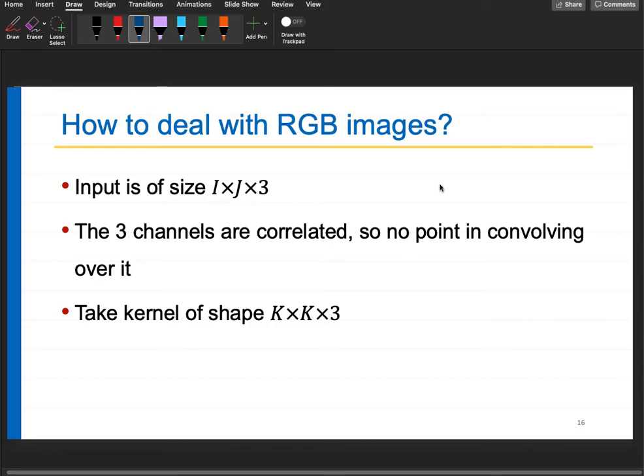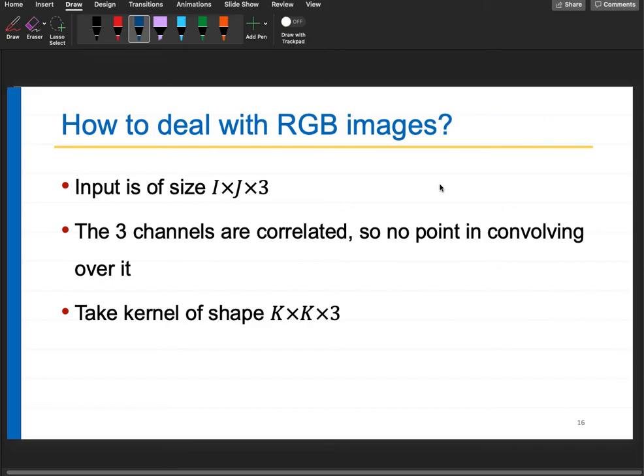A 2D convolution might not work, it appears, because it has got 3 dimensions, i cross j cross 3, right? But what we observe is that the 3 channels are correlated. So no point in convolving over the 3rd dimension. So what we do is we take a kernel of shape k cross k cross 3. Is it clear?